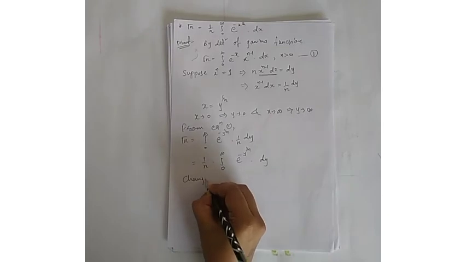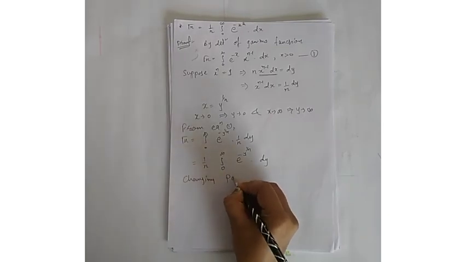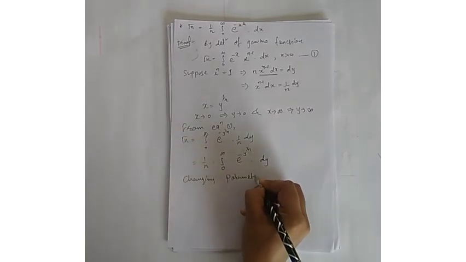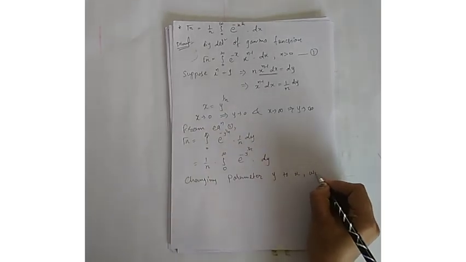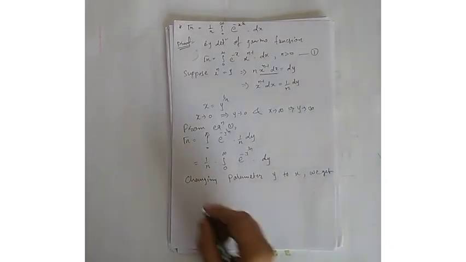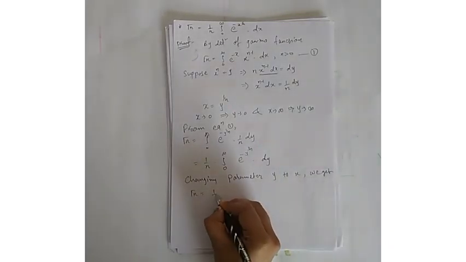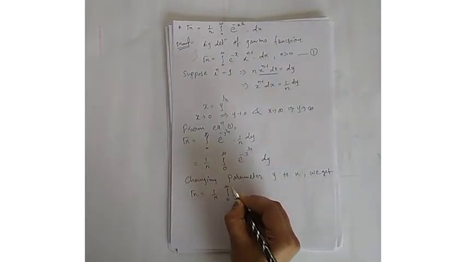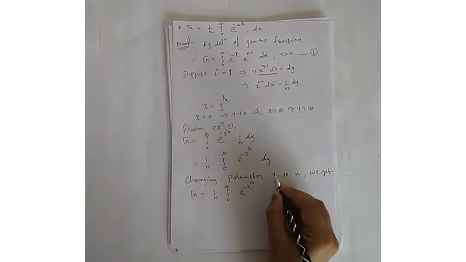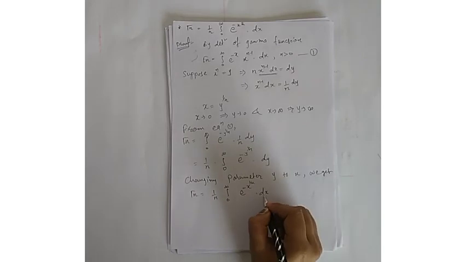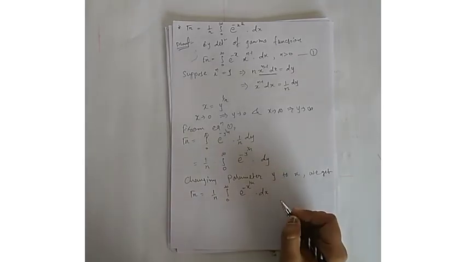So changing parameter y to x will give gamma n is equal to 1 upon n into integration with limit 0 to infinity e raised to minus x to the power 1 upon n into dx. So this is the proof of this form.